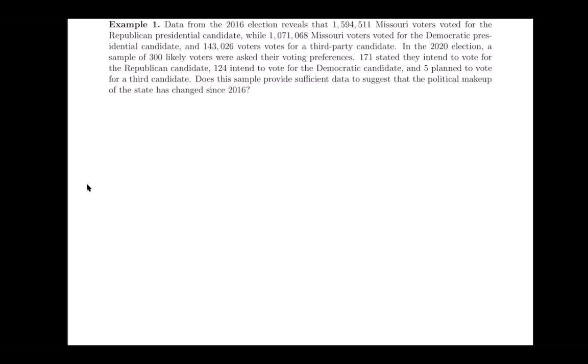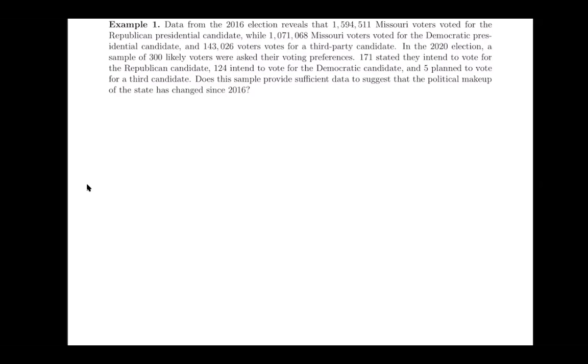Of those 300 people polled, 171 said they intend to vote for the Republican candidate, 124 intend to vote for the Democratic candidate, and 5 plan to vote for a third candidate.